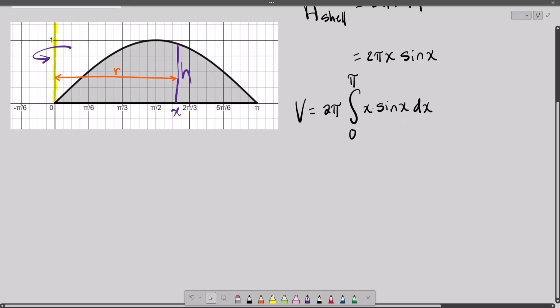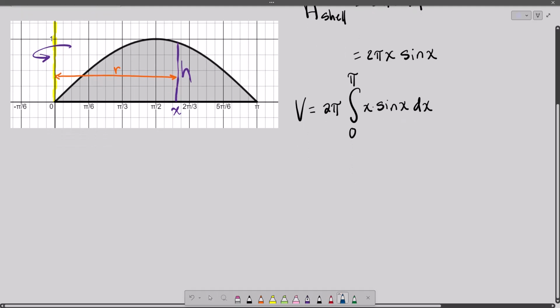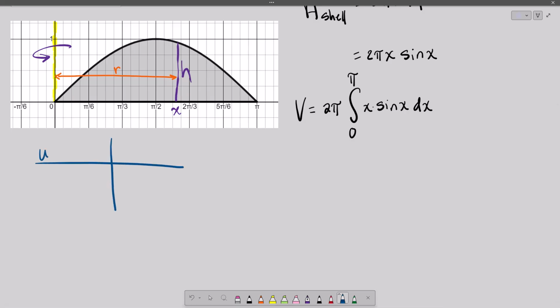So integration by parts. Set up our little ingredients over here. So u dv. We need to break apart that integrand into two pieces. We've got two functions in here. We've got the x and the sine.